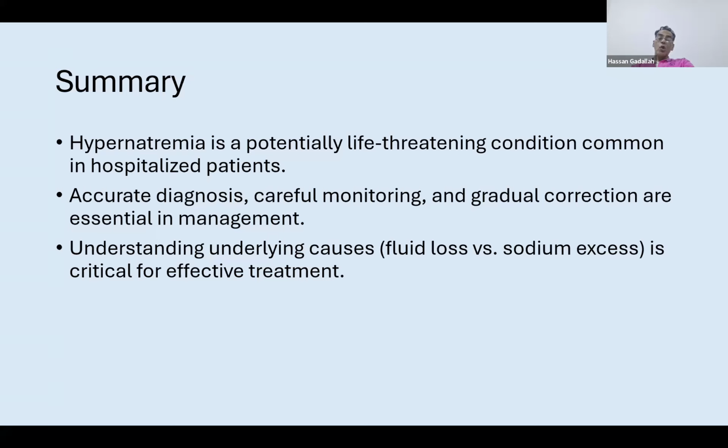We have to look for the underlying causes whenever we have hypernatremia. It's not just that we are correcting the number. We have to look for the reason why this patient got hypernatremia, because we might discover that the patient has a serious underlying condition that can be managed as well.